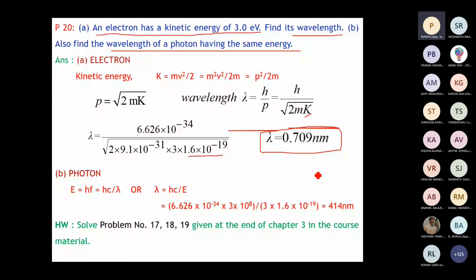If you have completed, we'll have one more problem and then move further. So note down the answers: 0.0709 nanometer and 414 nanometer, for an electron and for a photon. In fact, in the Davisson-Germer experiment, it was possible to verify that lambda is equal to h by p.